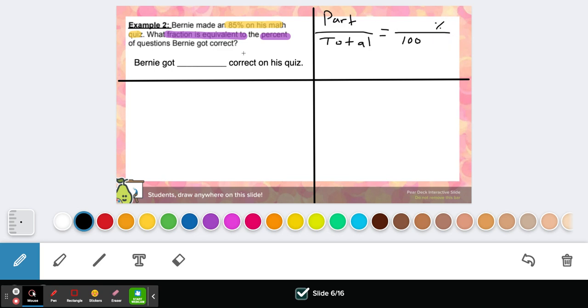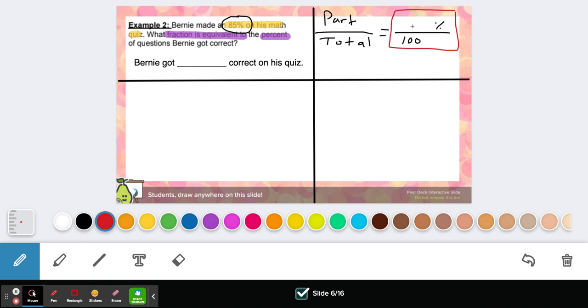Okay, so here, the only information they gave me was this 85% on his math quiz. If I look at this, the only part where I'm talking about percents is on this half right here of my proportion, so I'm only focusing on this.